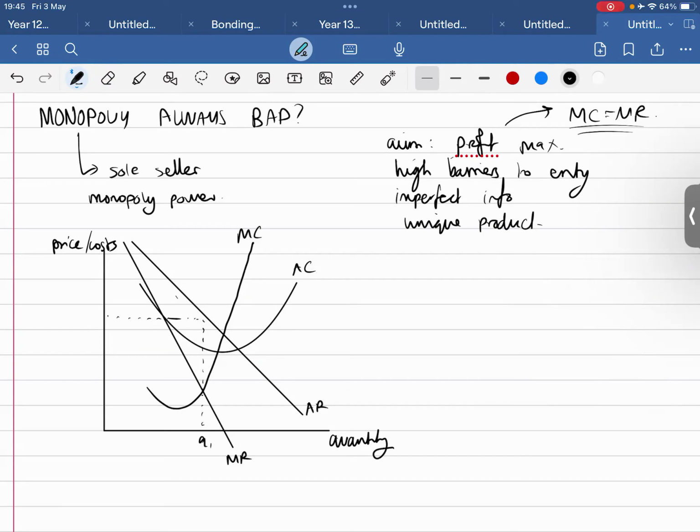They operate where quantity is Q1 and price is found at P1. This means that they're making a profit because cost is only C1. And explain that the rectangle shows the supernormal profit, with a low quantity of Q1 and a high price of P1.